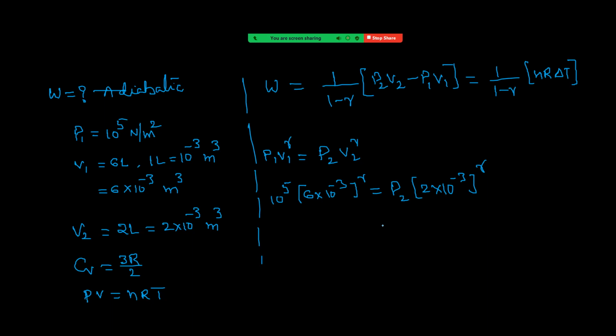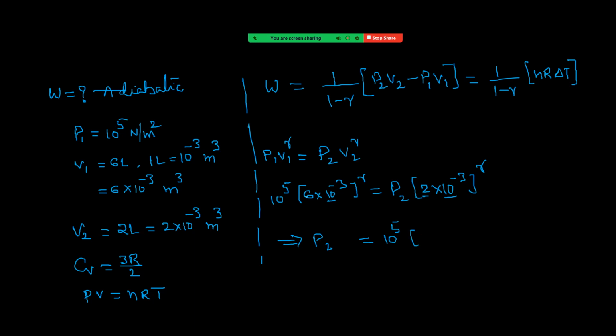Now see here what we can do. 10 power minus 3 and 10 power minus 3 get cancelled, right? And this is taken as 3 into 2, so 2 also gets cancelled. Remaining is P2 equal to 10 power 5.